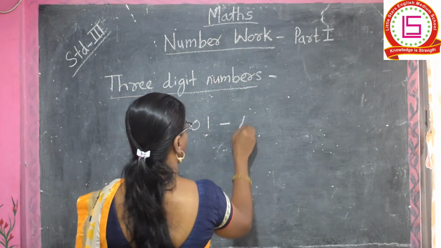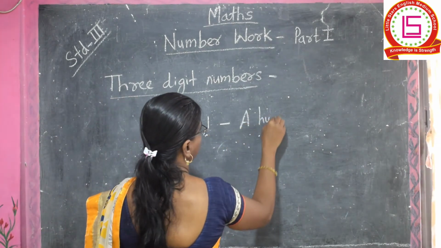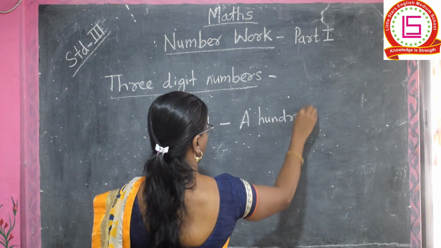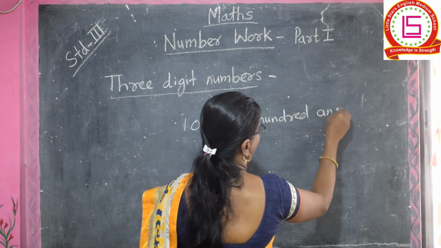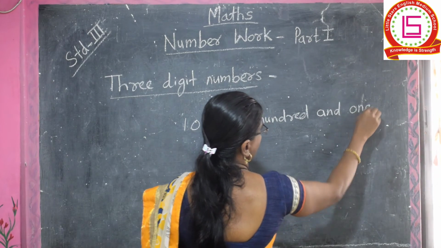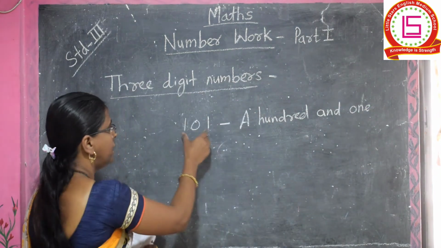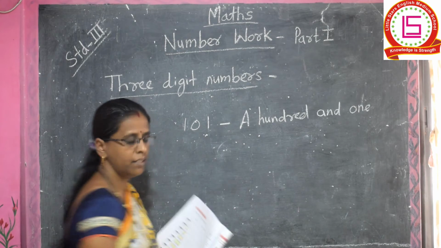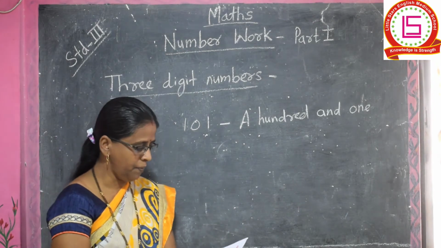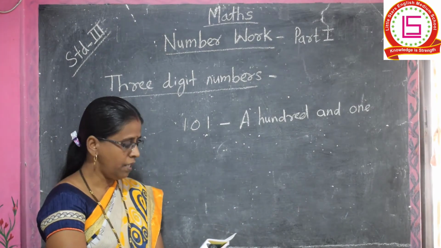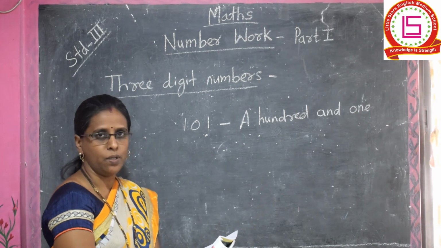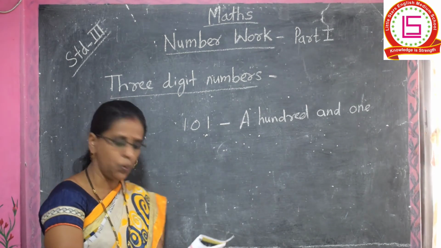See here, 100 and 1, 101. You write like this. Then the next picture: one box and two crayons.